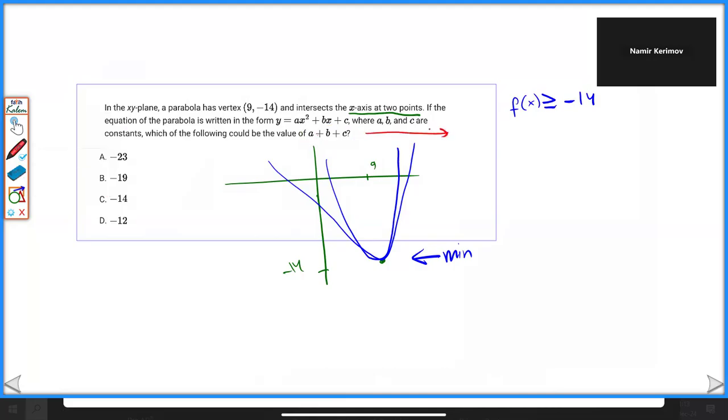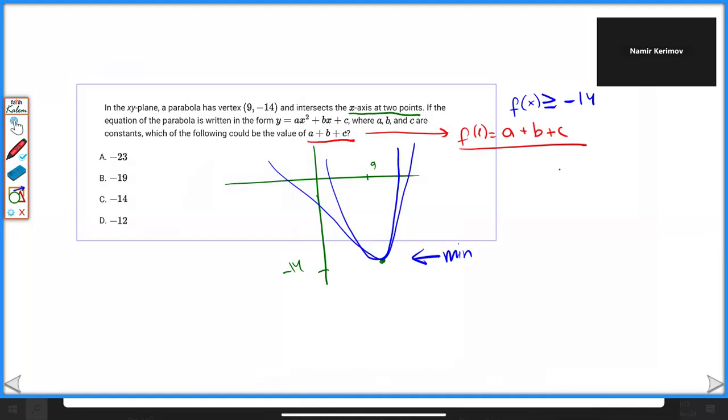When we substitute x as 1, f of 1 will be a times 1 squared, which is a, b times 1, which is b, plus c. So the sum of a plus b plus c is the value of f of 1.